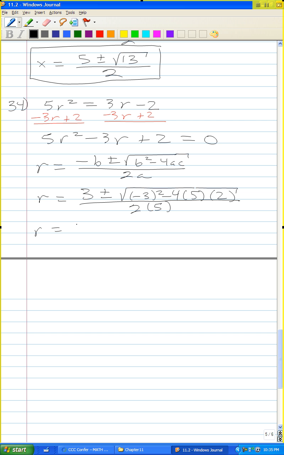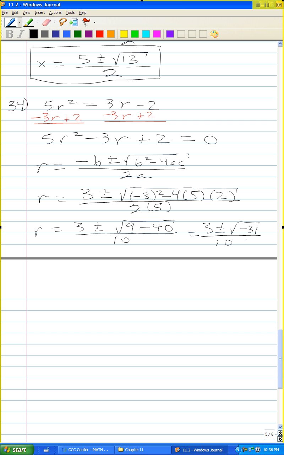And so r is equal to 3 plus or minus the square root of 9 minus 40 over 10. And so you get here 3 plus or minus the square root of 9 minus 40, negative 31, over 10.